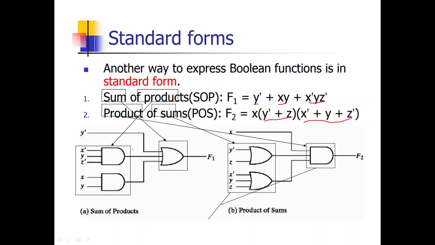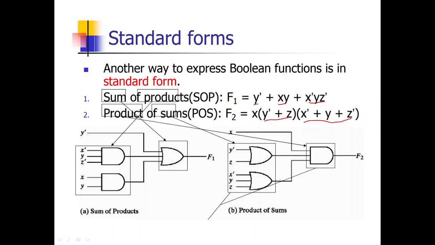So this is a diagrammatic representation. For this Boolean function, the circuit diagram is given here. This is sum of products, and for product of sums, the circuit diagram is given here. See here, the product terms are formed using AND gates, and making use of the OR gate, we are summing the product terms. So it is sum of products, right?